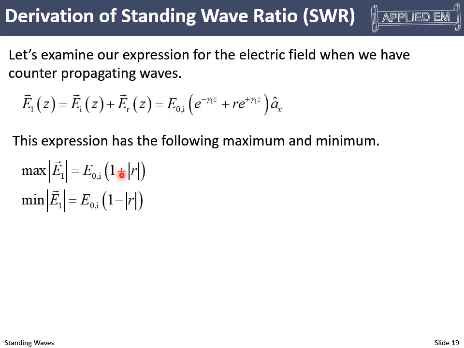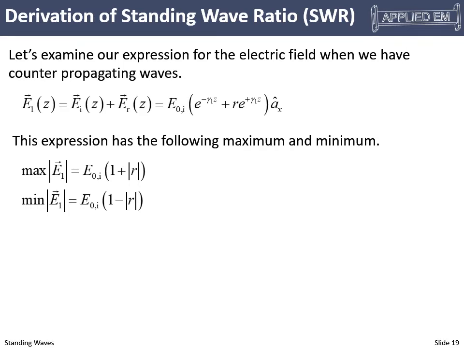So it's really 1 plus r. That is the maximum that we could possibly get. The minimum that we could get is when this exponential is 1 and the other one's -1. So the r is subtracting as much as it can from the positive 1. So we have a 1 minus magnitude of r for the minimum value of E.